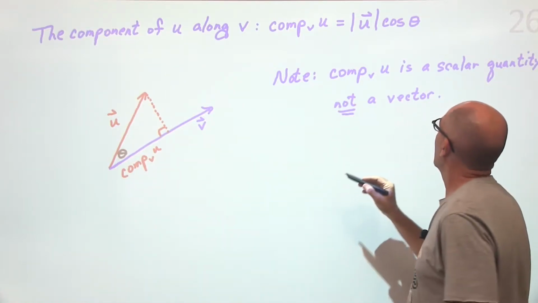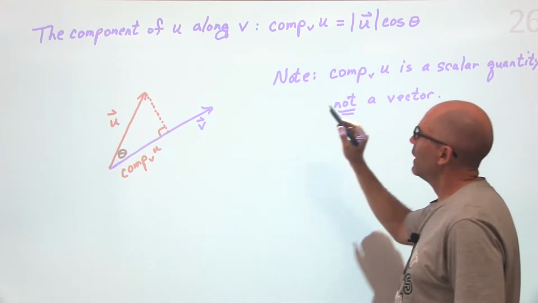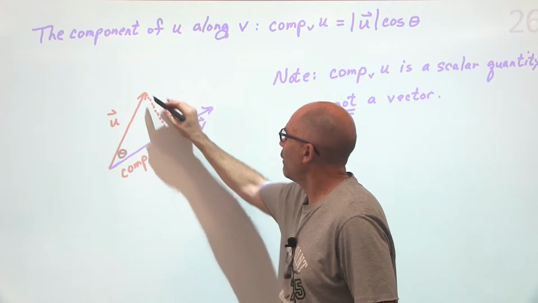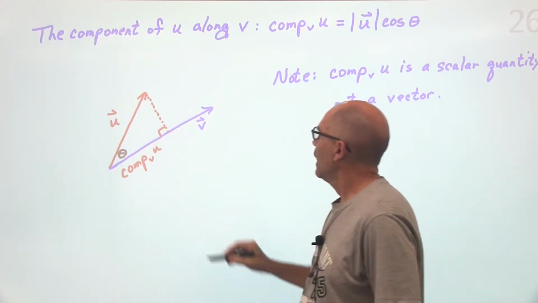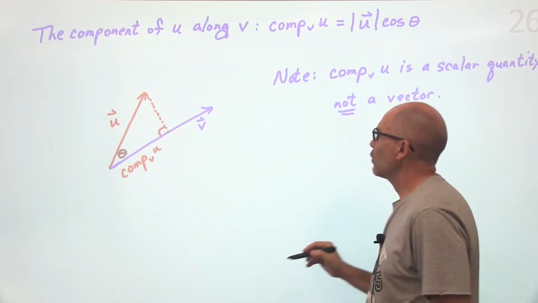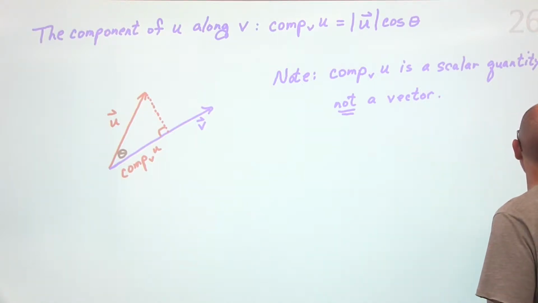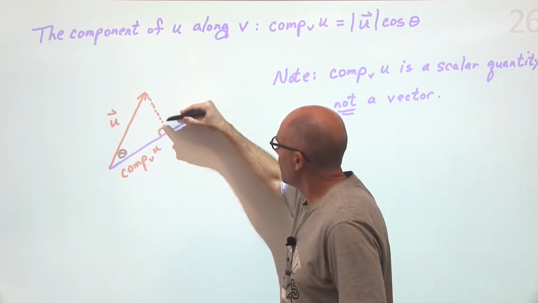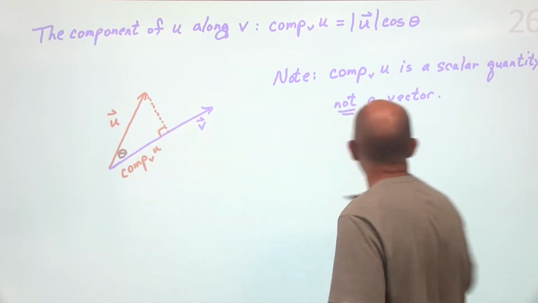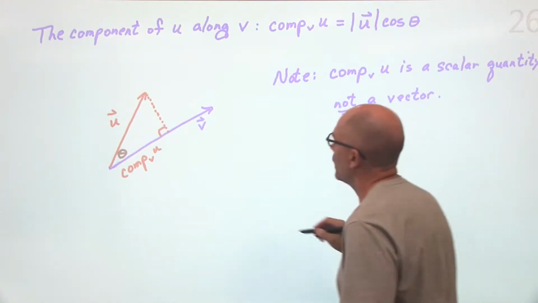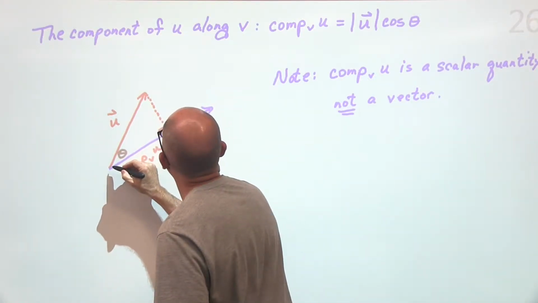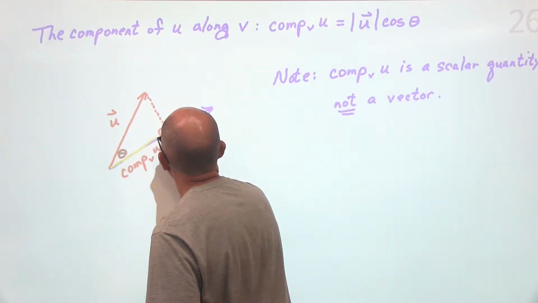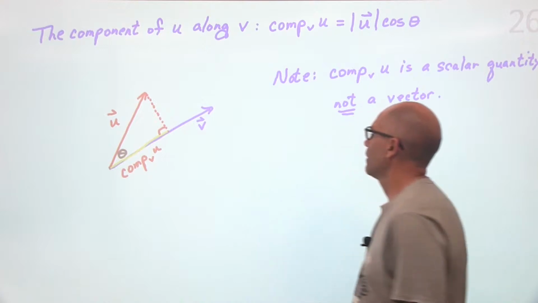But here, I don't necessarily want the x and the y component. All I want is the component of u along v. And so what I would do to show that graphically is I just take the tip of u and drop a line down to v perpendicular. So the component of u along v is that distance right there.